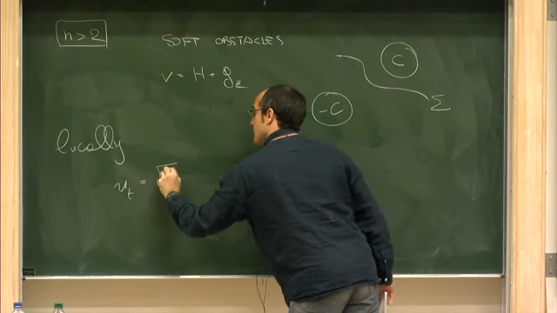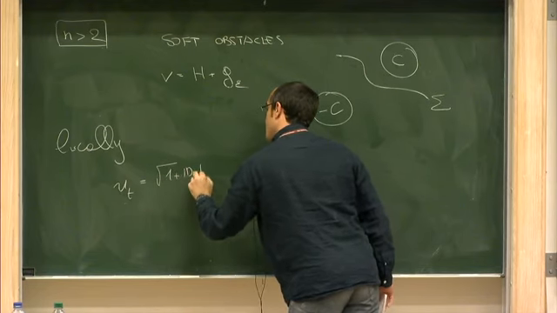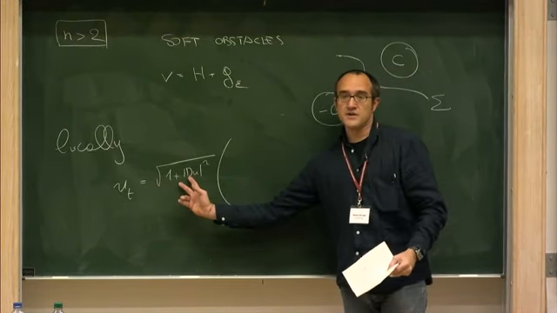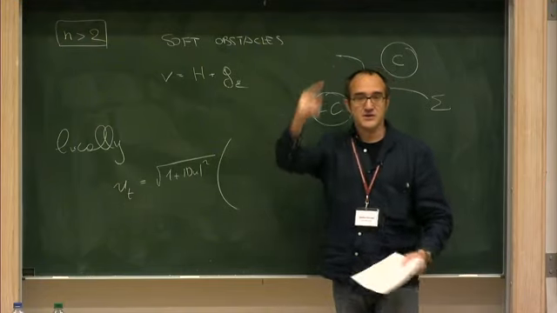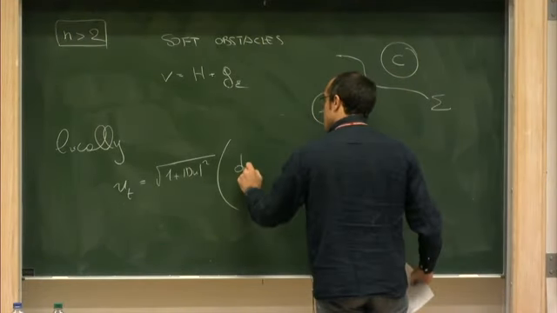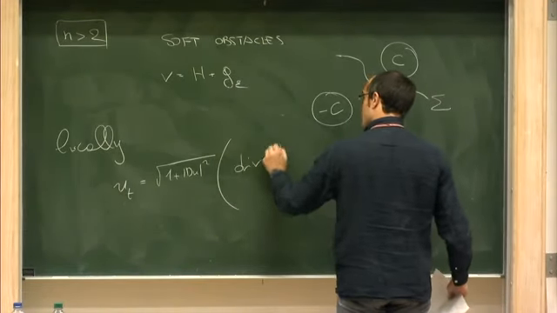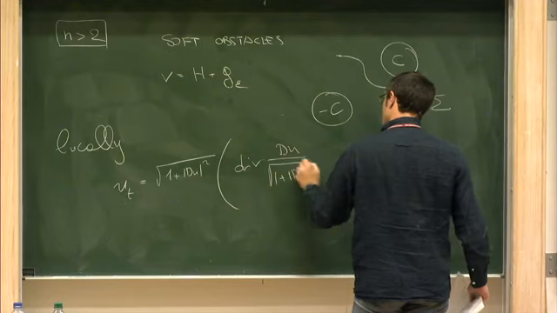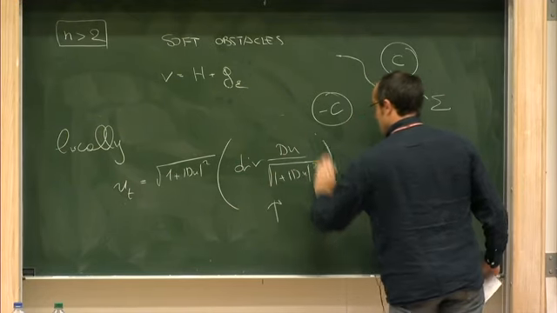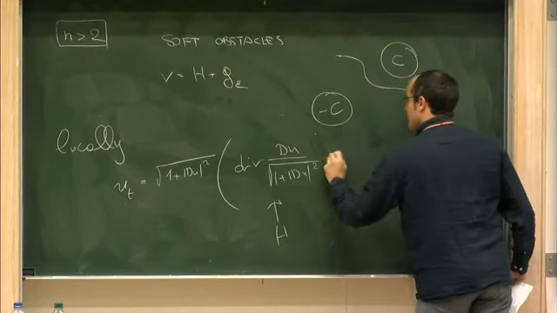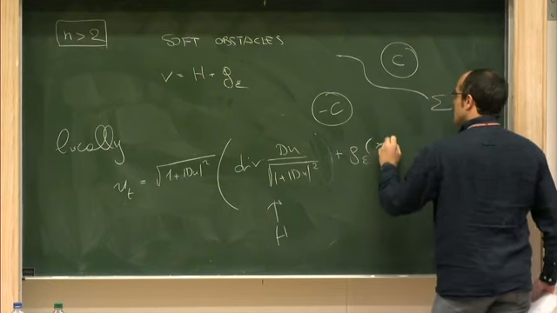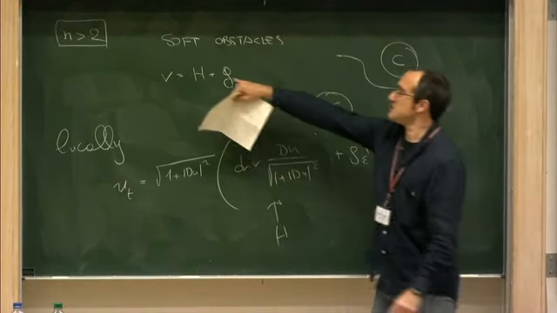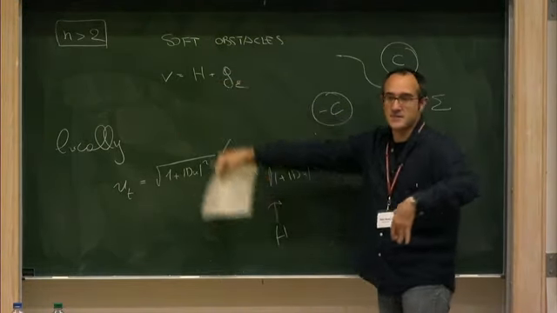You have this term here, which is due to the fact that you are not moving vertically, but you move in the direction of the normal. Then you have the mean curvature, H. And then you have a forcing term, which now depends also on u, because G depends on x, but when you write it as a graph it depends also on u.